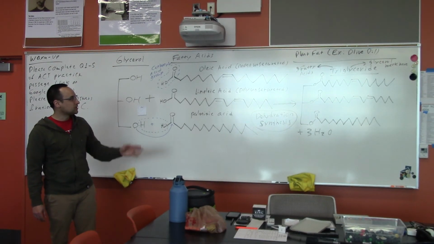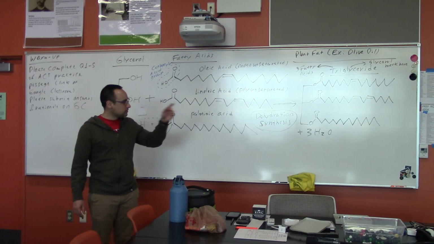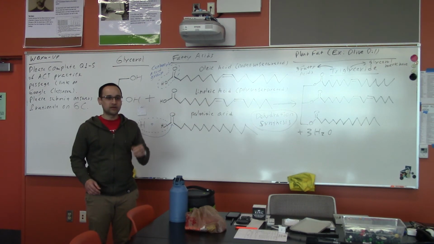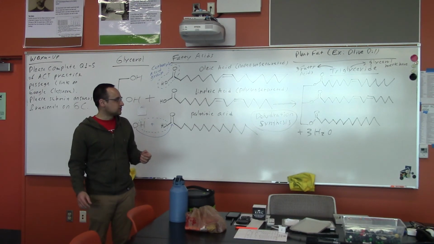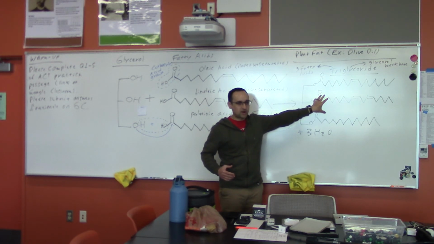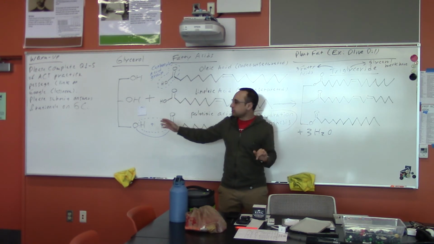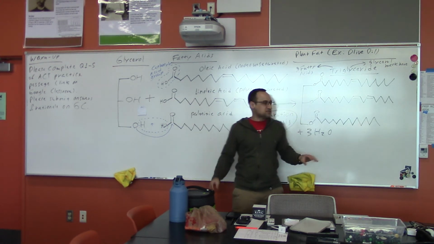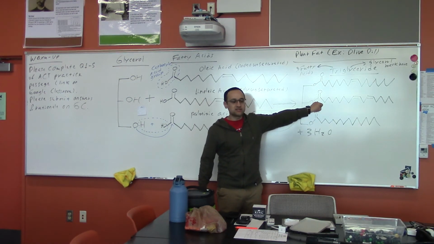So, olive oil looks roughly like that, okay? That's a good representation of the different molecules that are in olive oil, okay? So when you eat some olive oil, you're eating triglycerides. You're not eating glycerol for sure, and you're not eating individual fatty acids. You're actually eating them packaged up like this, okay?